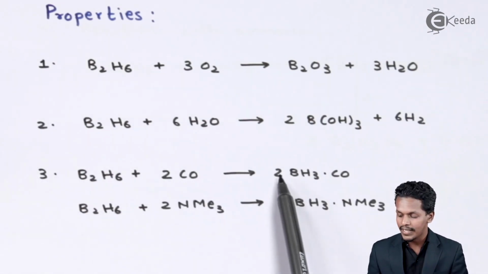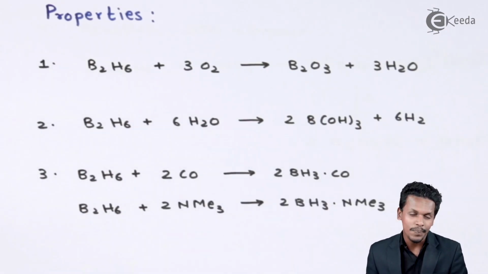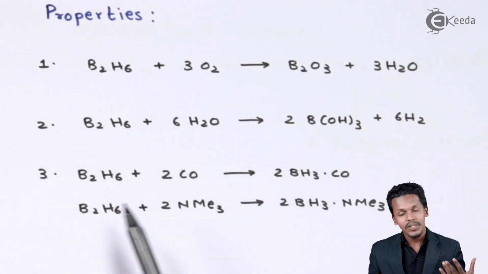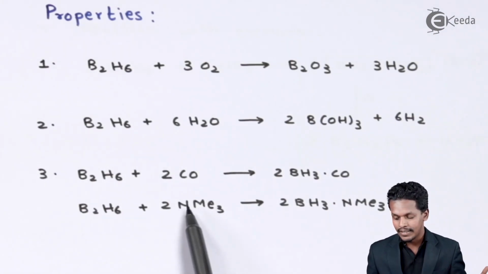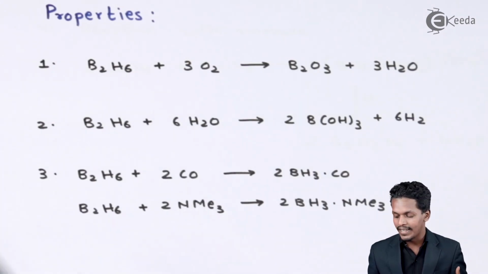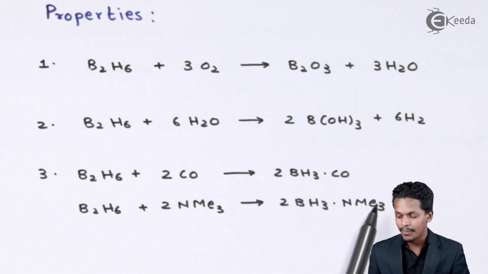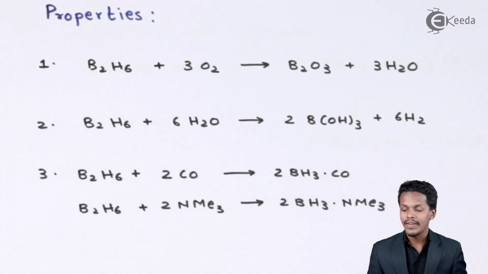That adduct is basically 2 moles of BH3.CO. Similarly, it could also react with a Lewis base like trimethylamine, and in this case the product that we could obtain is 2 moles of BH3.NMe3. So this is the reaction that takes place.